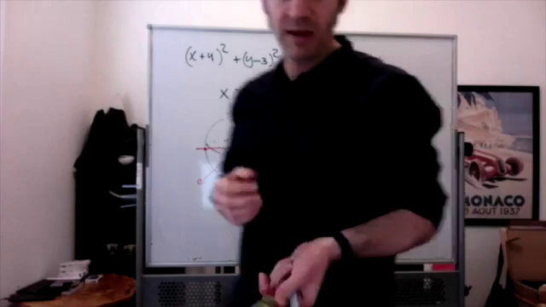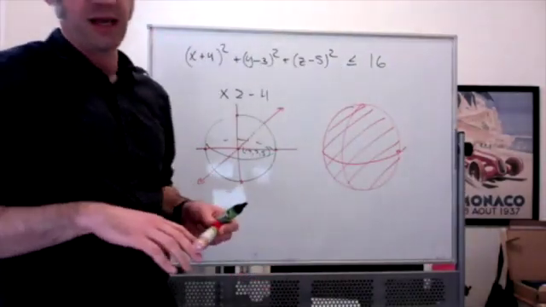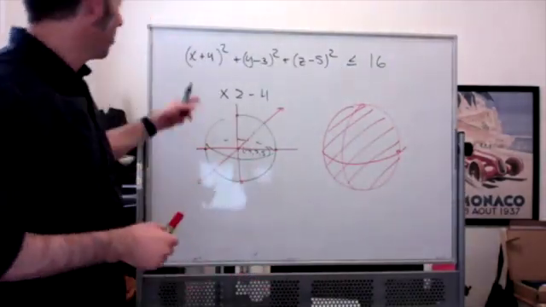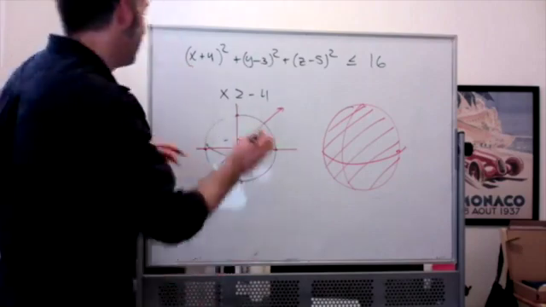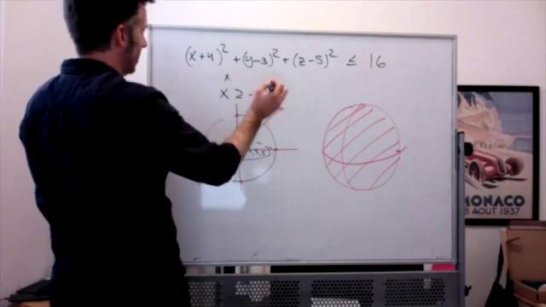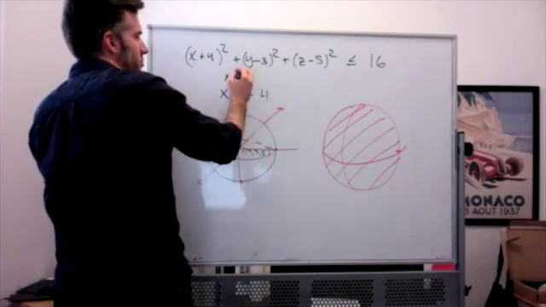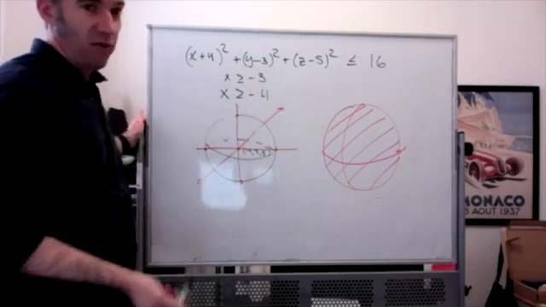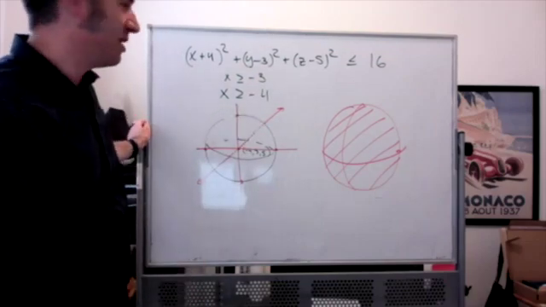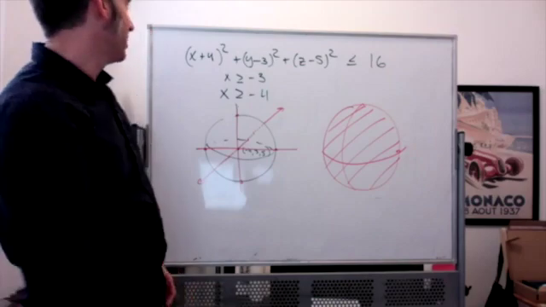So when they're describing that kind of thing, they're basically saying you've got a sphere, but you're only getting part of it. If I had said something silly, like x is bigger than or equal to -3, that would be weird. Because then I wouldn't have the entire hemisphere, the whole half a sphere.